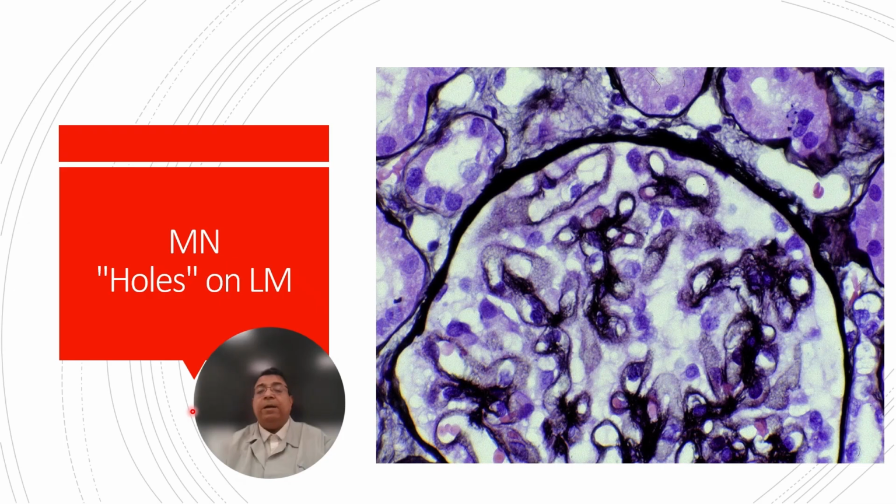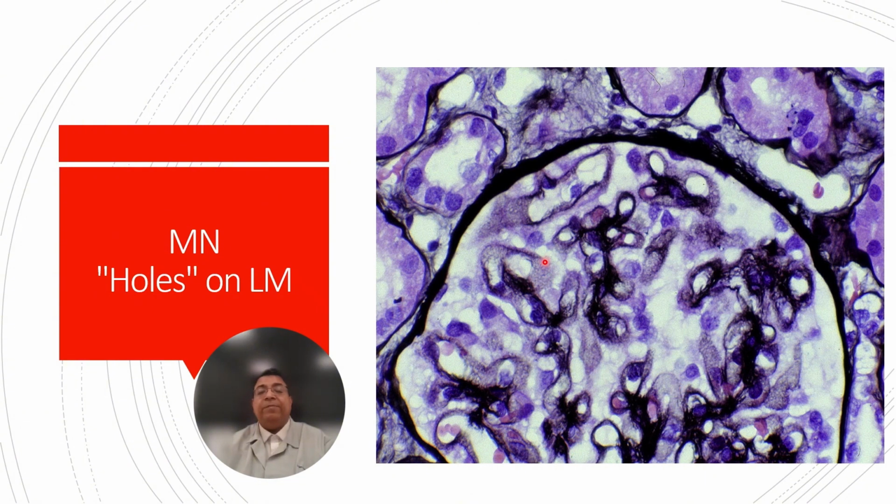So here is a light microscopy, and this is showing you areas of the glomerular basement membrane that are not stained. Therefore, they kind of look like holes. So for example, here you see that glomerular basement membrane is not stained, and there are other regions.